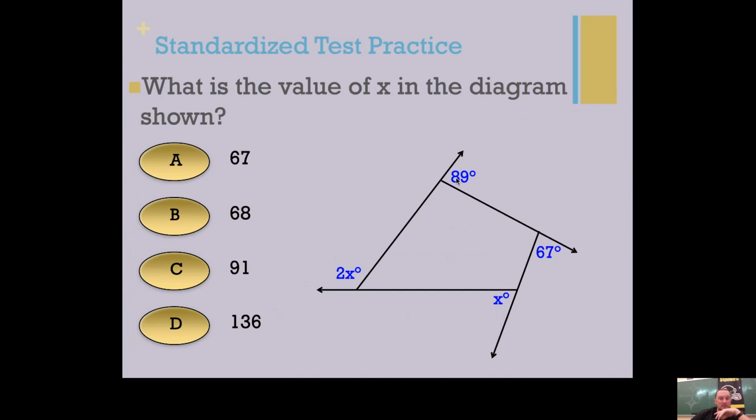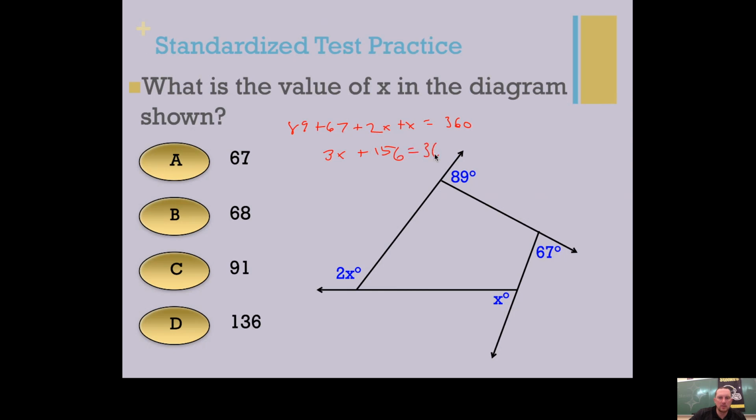So in this particular example, you know that these four exterior angles add up to 360. So I'm just going to model this with an algebraic equation. I'm adding my four exterior angles, setting them equal to 360. Just going to combine my like terms there. 89 and 67, that gives me 156.